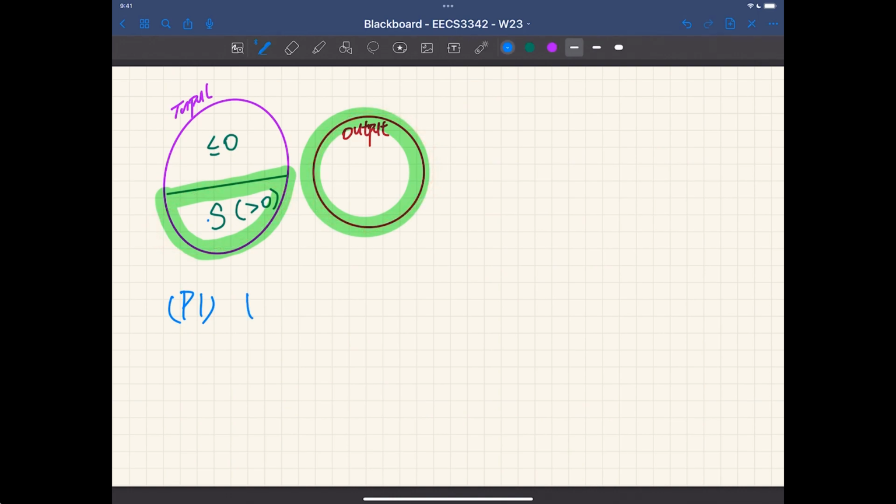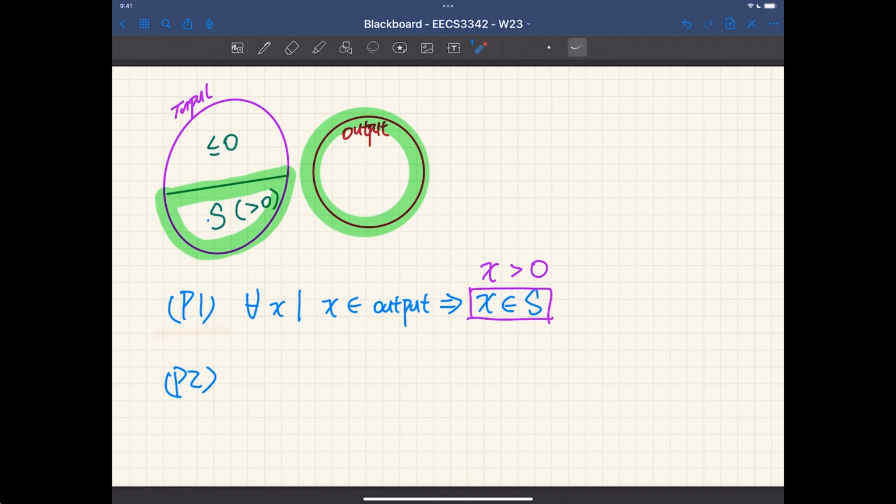So I can say for every X, if X is in the output, that implies you can either say X is really in S, but in this case, we know it should satisfy this particular property. So you can also say X is larger than 0. That's also fine for this one. And for property number 2, we want to argue the other way. P1 is about whatever is in this also satisfying this.